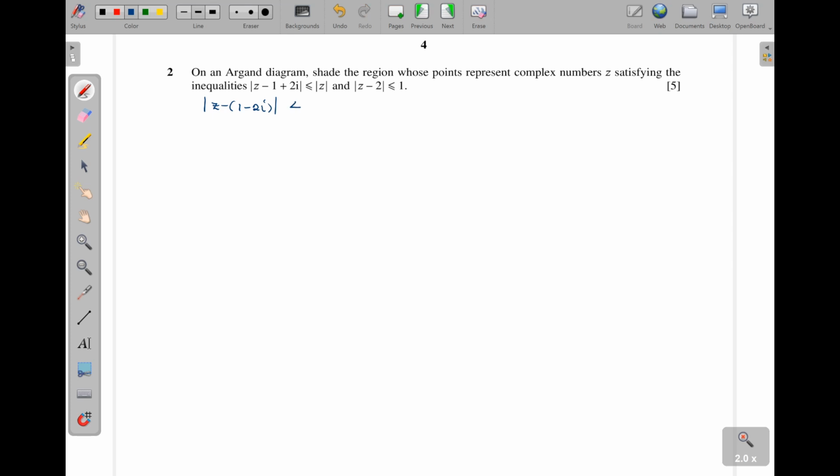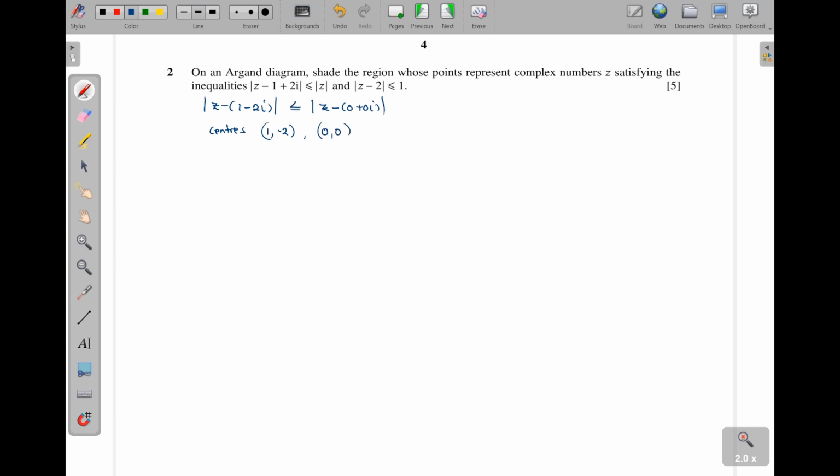Then we have less than or equal to the modulus of z, then minus, of course, this will be 0 plus 0i. You see that? That means we are having the centers 1, negative 2, and then the other one is 0, 0.